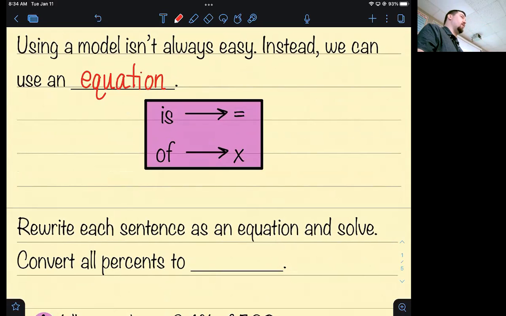What you may not know, though, is the word of in math can always, not just today, always be replaced with a multiplication symbol. For example, what's half of 10? 5. Well, that's 0.5 times 10. If you do 0.5 times 10, you'll get 5. So the word of, we kind of do it anyway. We just didn't know that it meant multiply.